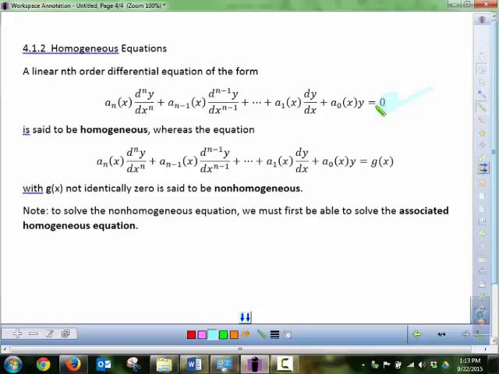So the homogeneous differential equation is our easier path, the easier differential equation that we're going to solve. And once we're comfortable with that, we're going to move on to non-homogeneous, which also requires you to solve for the homogeneous part. Okay?